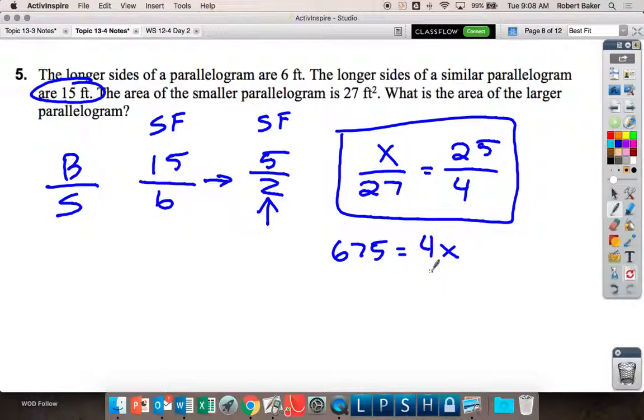Divide both sides by 4. Well, you know what? I don't want to do that. It doesn't say nearest whole number, so we'll leave it like that. 168.